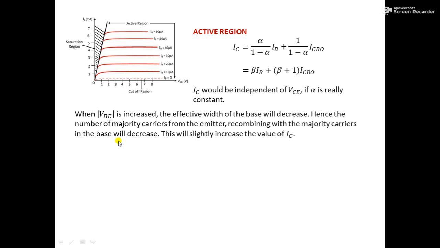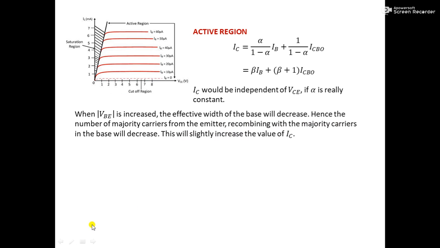When VCE is increased, the effective width of the base will decrease. Hence the number of majority carriers from the emitter recombining with the majority carriers in the base will decrease. This will slightly increase the value of IC.